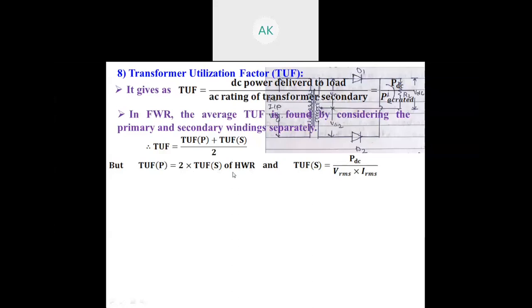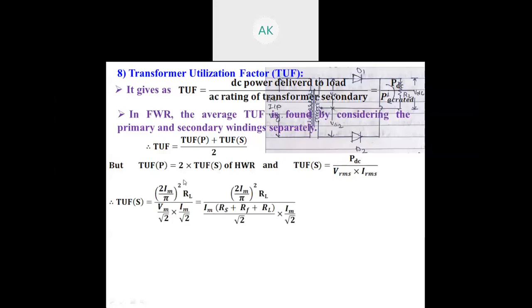We know the TUF of a half wave rectifier, we have already found it. So TUF of primary is equal to 2 times TUF of secondary of a half wave rectifier. Now we need to find the TUF of a secondary for a full wave rectifier.